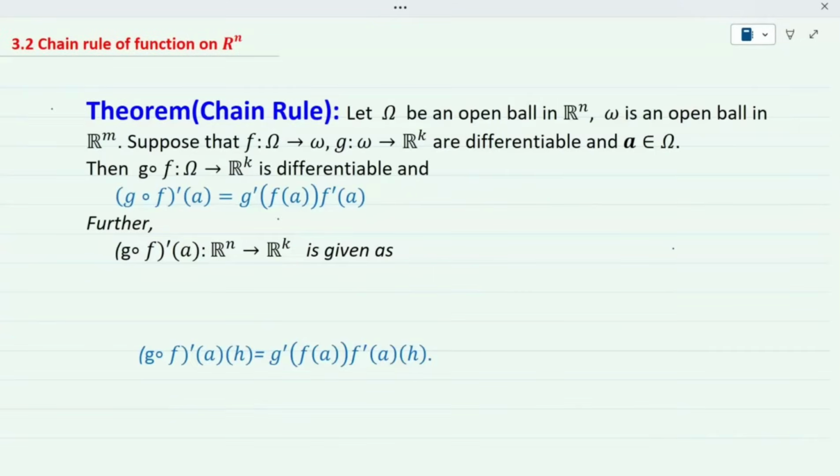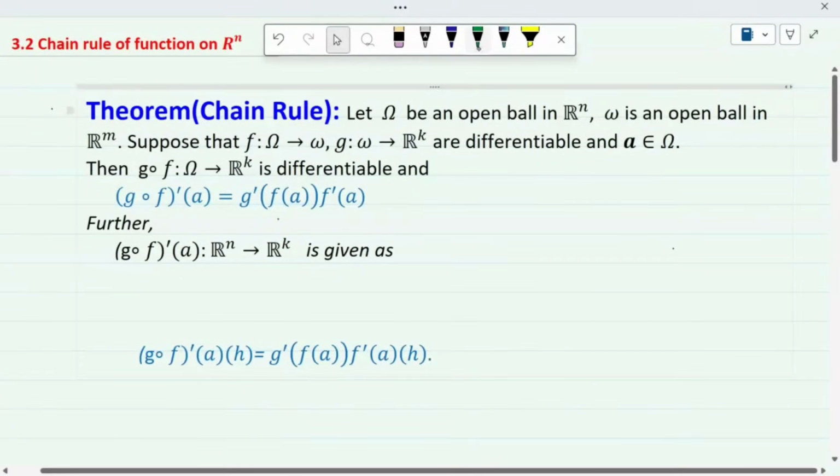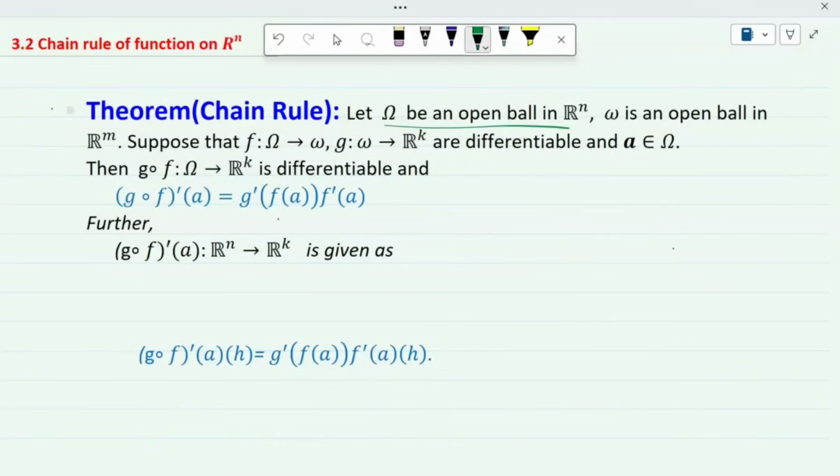We are going to discuss the second part of module 3, which is the chain rule of functions on Rn. So let's have the definition of the chain rule. We have Omega, an open ball in Rn, and small omega, an open ball in Rn.